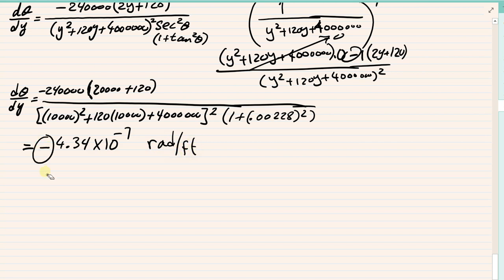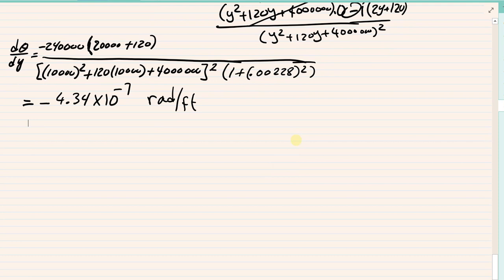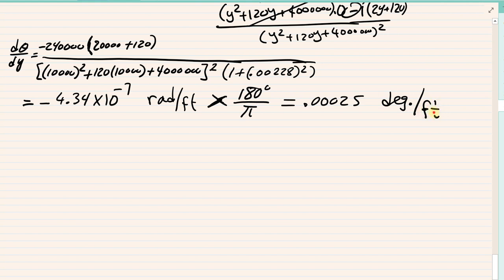The negative means the viewing angle is shrinking, right? The rate of change is decreasing, d theta dy is approaching 0. It's getting smaller, smaller, smaller. If you multiply by 180 divided by pi, that will convert it to degrees, and I got 0.00025 degrees per foot.